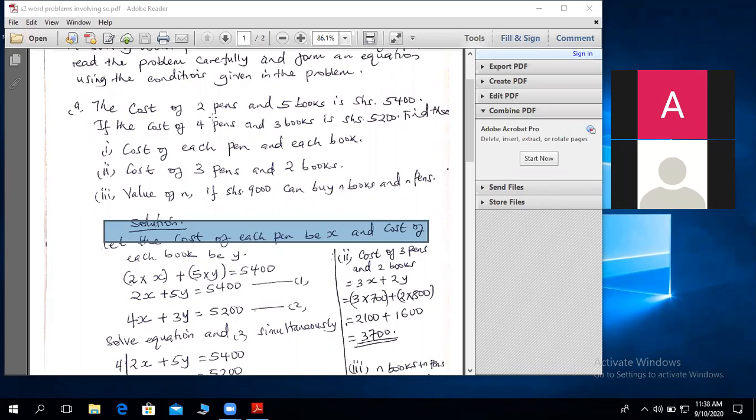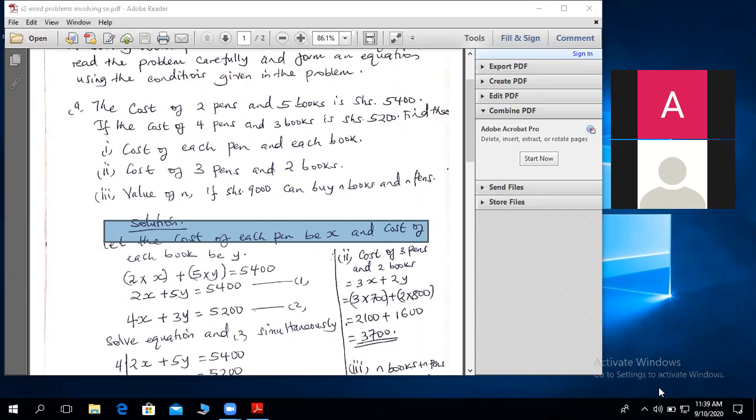If I want 2 pens and each pen costs X, I will get 2 times X to get the cost of the pens. Each pen costs X shillings and I buy 2 pens. So I will get 2 times X and I got the cost of the pens. To get the cost of the books, if I buy 5 books and each book costs Y, I will get 5 times Y, and this will be the cost of books.